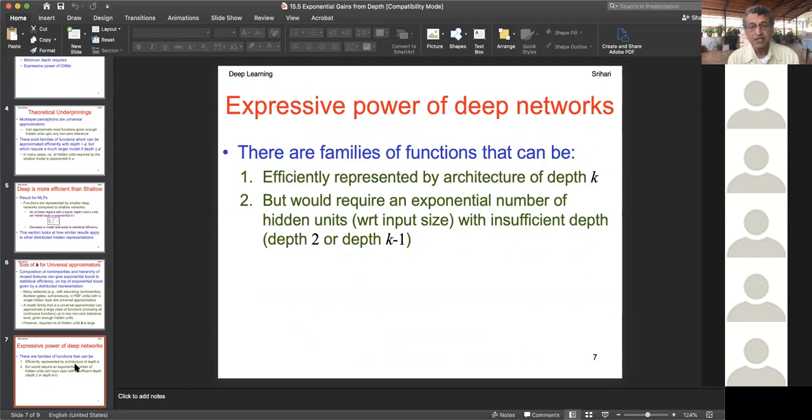So the expressive power of deep networks is that there are families of functions that can be efficiently represented by an architecture of depth k, but would require an exponential number of hidden units with insufficient depth, such as depth 2 or depth k minus 1. So this is saying that you can use a certain depth, but the number of units required is going to become exponential.